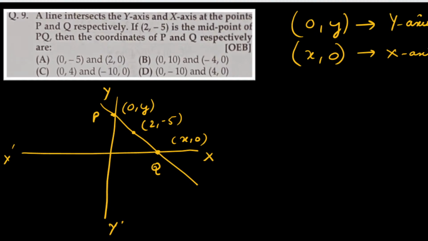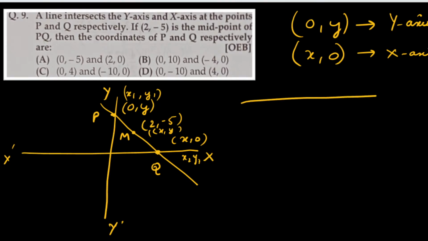The midpoint is given to us, so we can use the midpoint formula again, but only if you are clear with the question will we be able to do it. So I have explained. Point P's coordinates 0, y we will write as x1, y1. The midpoint, let us say, is point M, with coordinates x, y, and the coordinates of point Q we can write as x2, y2.